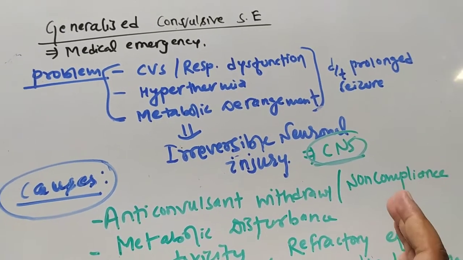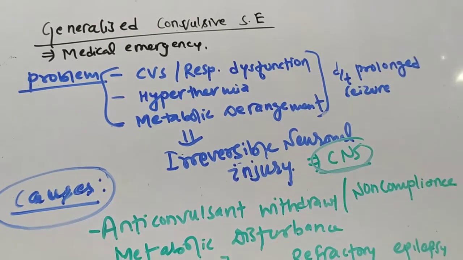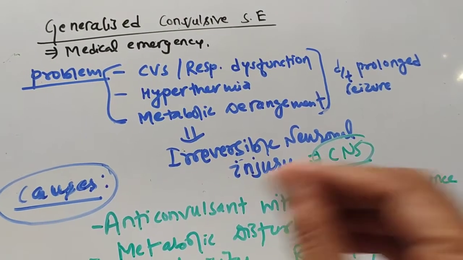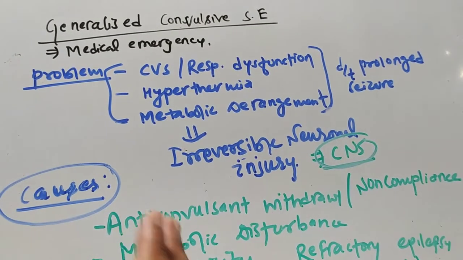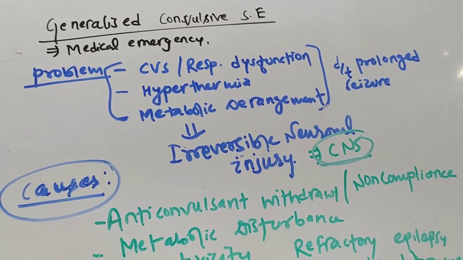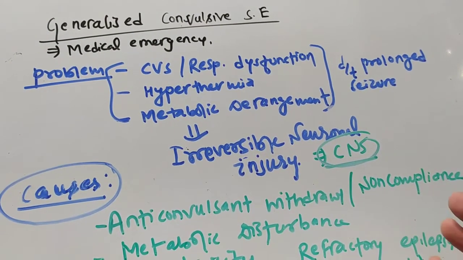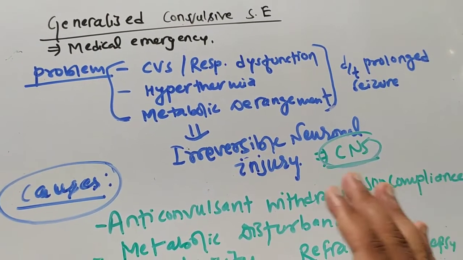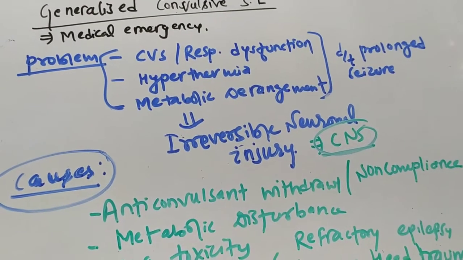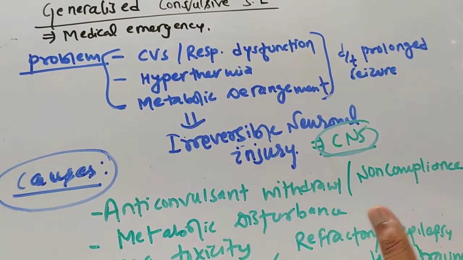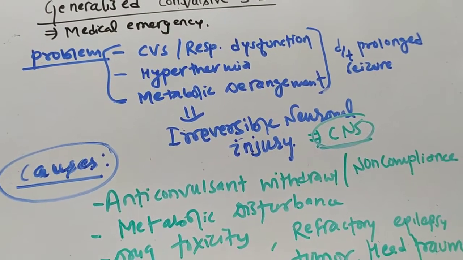Let us suppose the doctor has told you to take an intravenous drug every day, but your home is far away from any hospital, so you can't take the intravenous route every day. Or the doctor has advised you to take the drug intrarectally, but you are not compliant with taking it by the rectal route. Due to that non-compliance, if you are not taking the anticonvulsant, it may lead to status epilepticus.